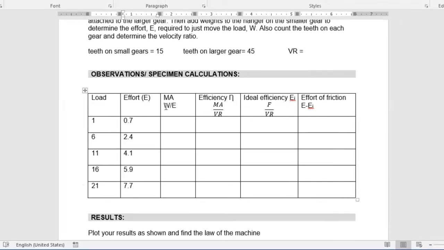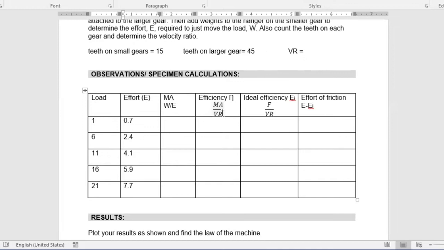The mechanical advantage means W over E, the load over effort. Clear? That is our mechanical advantage. You can fill up this column by calculating this by this. Then you already know the velocity ratio for this bevel gear drive, so you can fill up the efficiency column, MA over VR.